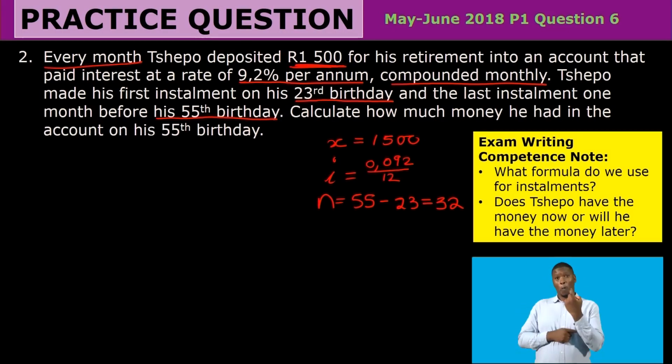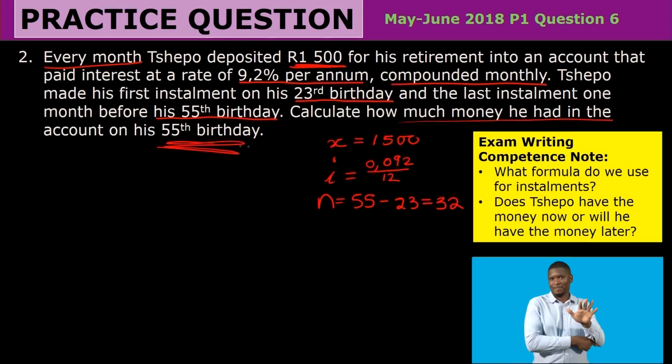What is not given is which formula we're going to use. So we need to know, are we calculating the future value or are we calculating the present value? Now, if you go back to the question, it says, calculate how much he had in his account on his 55th birthday. Remember, when Tshepo opened the account, he was 23. Now, how much is he going to have when he is 55? That is a future value.